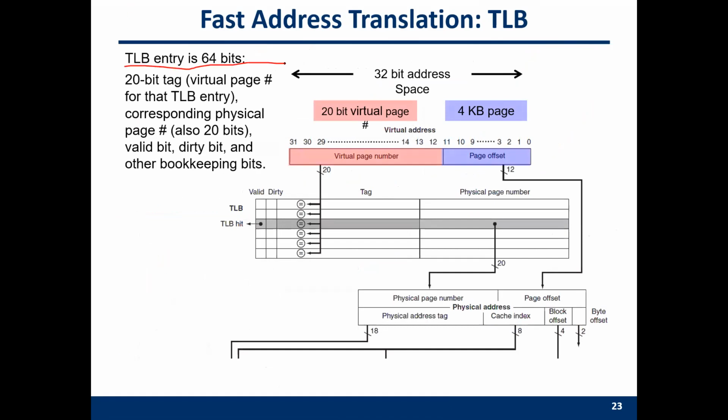So each TLB entry is 64 bits, with a 20-bit tag. Why a 20-bit tag? Because each virtual page number is 20 bits. We need to compare all these bits to decide whether this is a hit or not. So, a 20-bit tag.